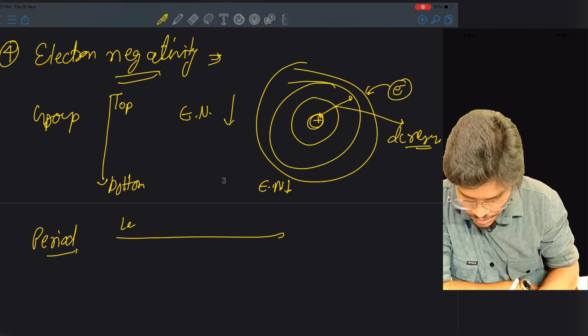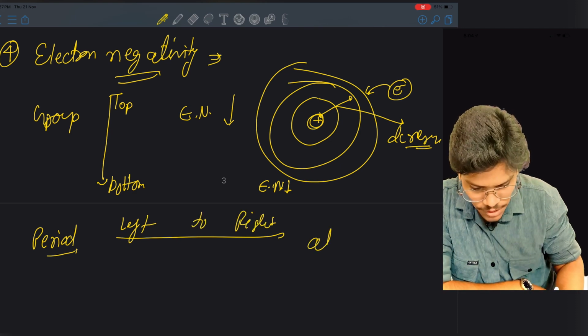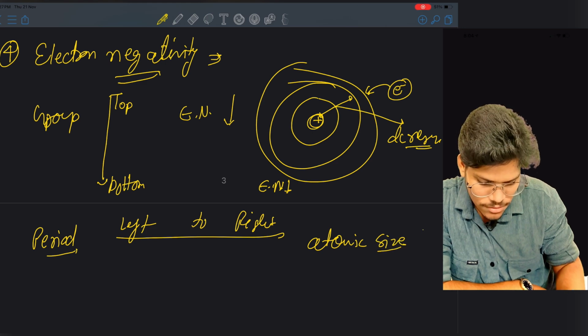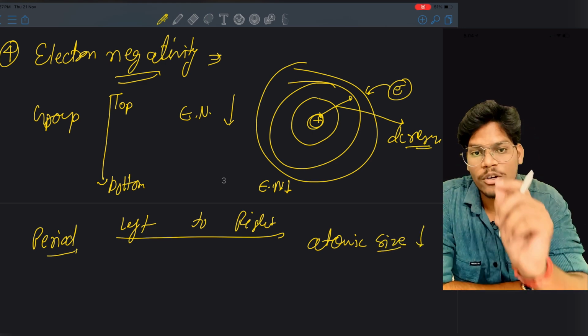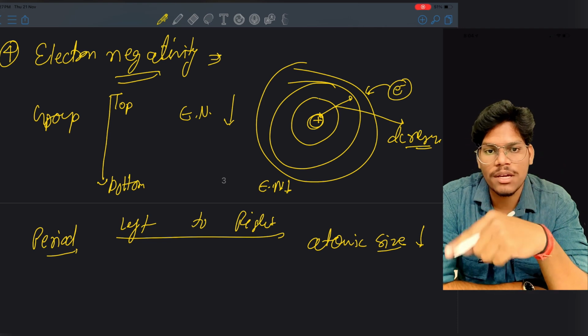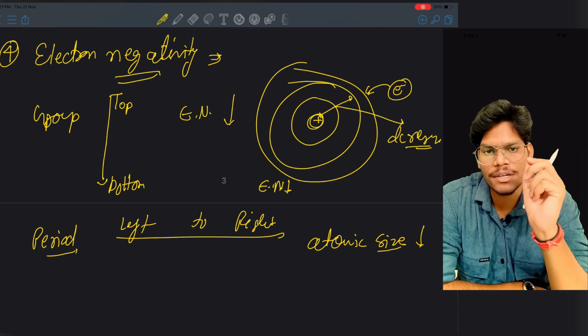When we go in a period from left to right, we know that atomic size decreases. When atomic size decreases and another electron comes towards the atom for a bonding purpose, the nucleus attracts this electron with high attractive force.